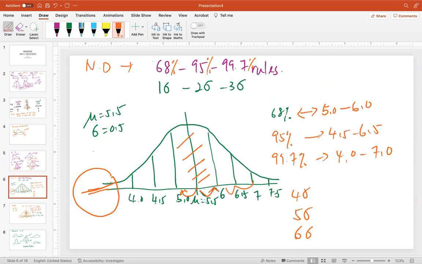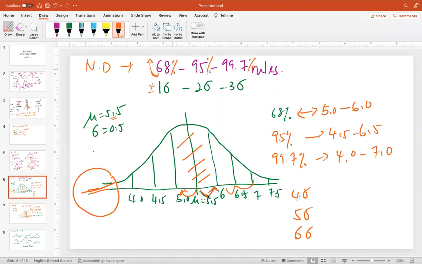For normal distribution, one important rule we need to learn is 68, 95, 99.7. It means that within plus or minus 1 standard deviation, about 68% of your data falls in that range. For example, I have a mean of 5.5 and my standard deviation is 0.5.